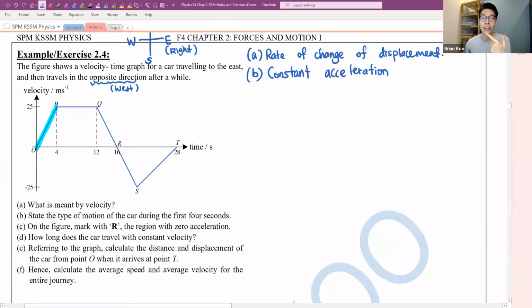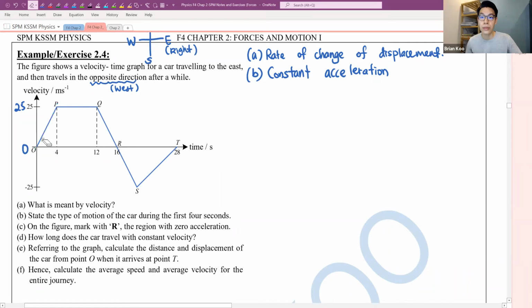How do I know it's accelerating? Because it is getting faster. The velocity from 0 becomes 25, so it is getting faster, accelerating. How do I know it's constant? Because it is the same straight line. The acceleration value, like Trisha calculated for me, 6.25, is going to be the same value the whole time.